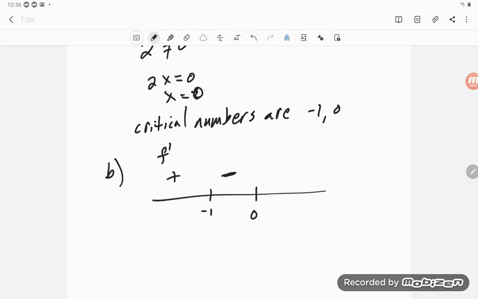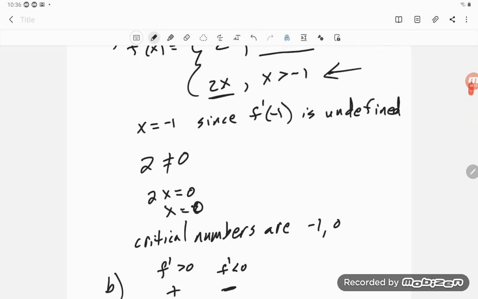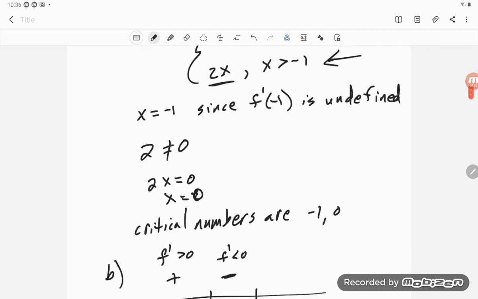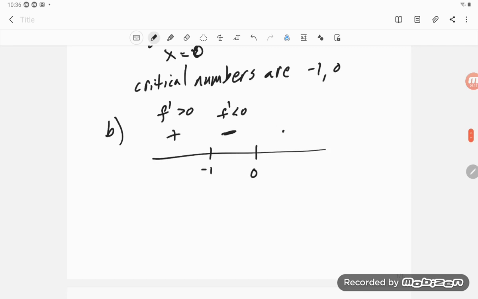So my derivative is negative here. f prime was greater than 0 to the left, and f prime is less than 0 here. Finally, to the right of 0, 2x is always going to be positive, so f prime is greater than 0.